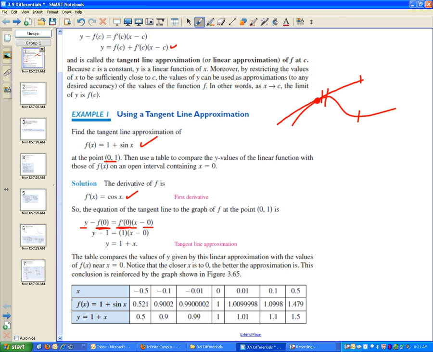All right, since the derivative of f of x is the cosine of x, then it turns into this. So y minus f of 0, your original f of 0, put the 0 in the wrong spot, didn't I? F of 0, so you take the sine of 0, it's 0, 1 minus 0 is 1, so there's y minus y1 equals m.